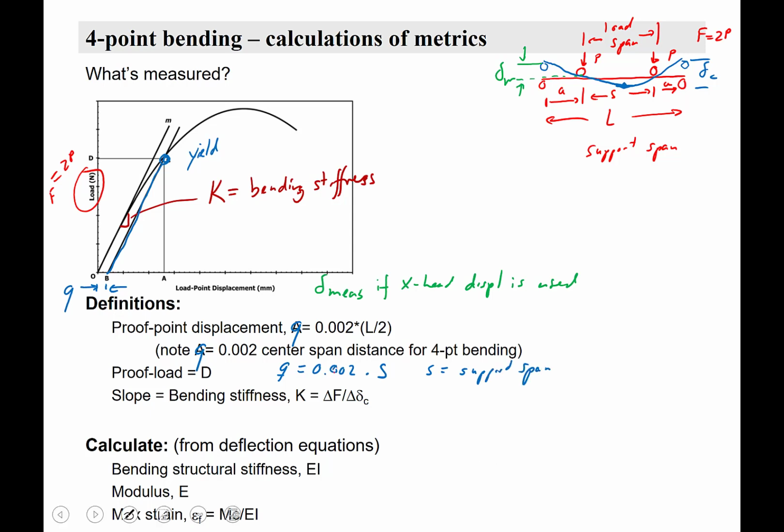Okay, so you take your support span distance, say it's 30 millimeters, you multiply it times 0.002, and that's the distance you move on the x-axis. Then you draw a line, and where it hits the actual data curve, that is called your proof load.